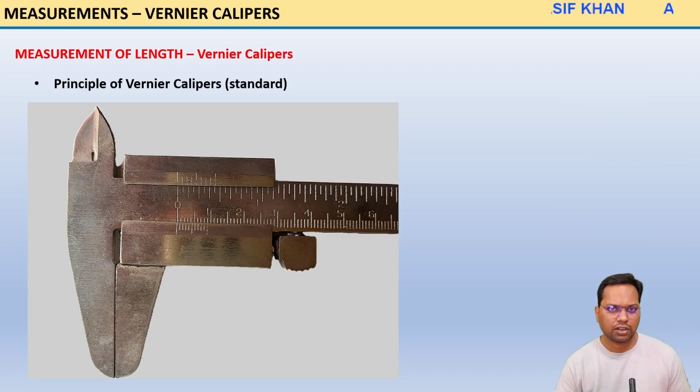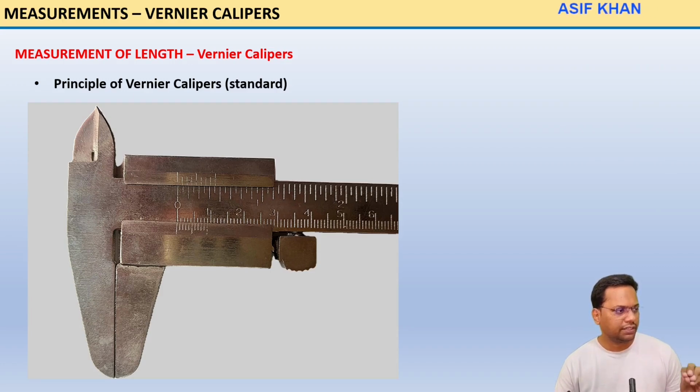In the case of a normal scale, each centimeter is divided into 10 parts and therefore each part is 1 millimeter. But in the case of Vernier calipers, every millimeter on the main scale can be divided into 10 parts, that is 0.1 mm.